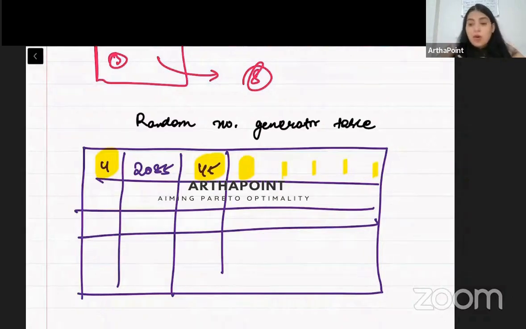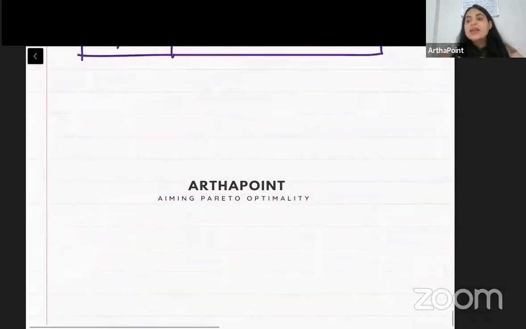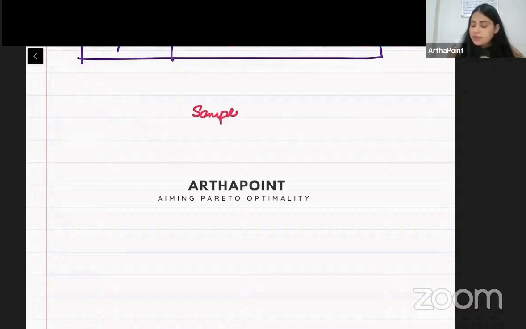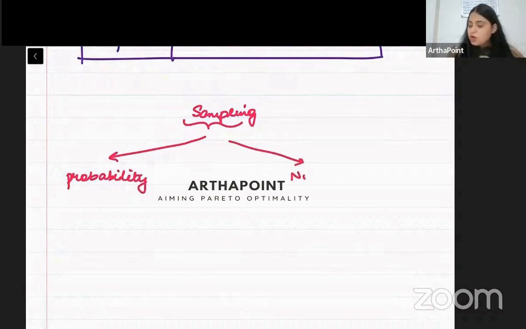Now, because you are randomly picking up the samples, this is an ideal example of what is called probability sampling. So I can divide my sampling in 2 parts. One is called probability sampling and the other is called non-probability sampling.